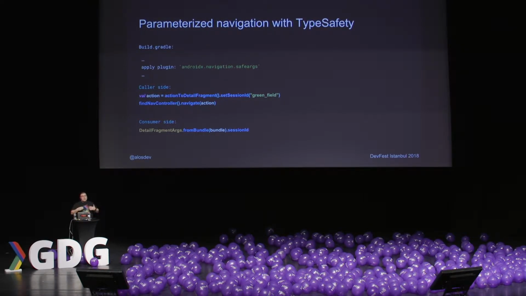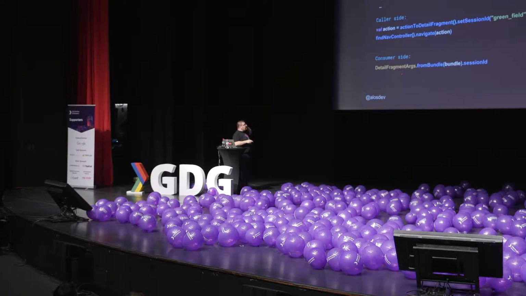You can really use just directly the code which you have created. It's type safe, and you don't have to think, okay, is this a string, is this an int, or whatever I have in that hash map. And to read it out again, you just go to the class created by the SafeArgs plugin, fromBundle, and it just creates for you the object which you wanted to have at that point.